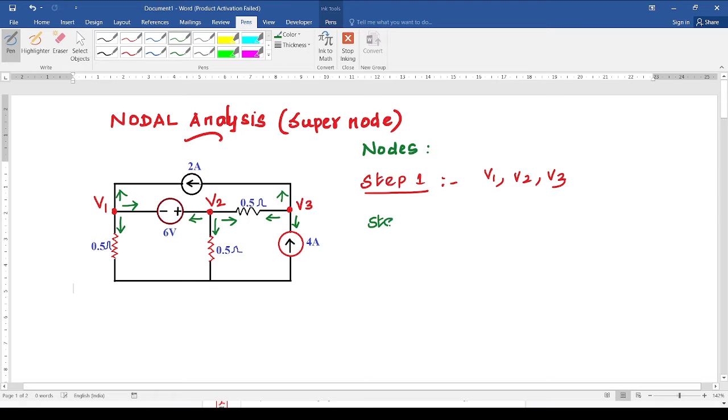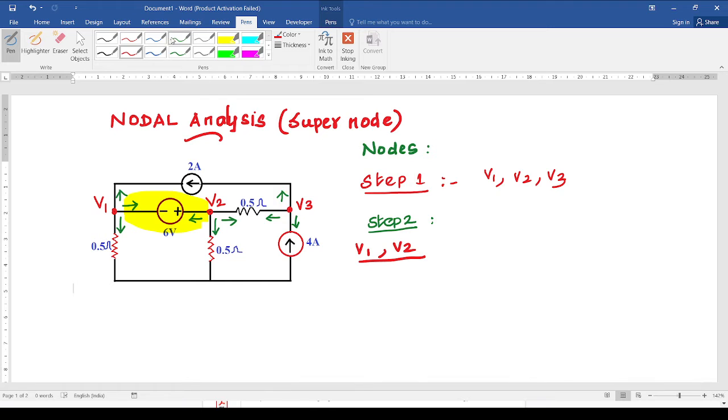And what is step number 2? Apply nodal analysis for this network. First, consider this voltage source that is located between two supernodes. First, I am going to write the equation with respect to the supernodes V1 and V2. How to write the equation using nodal analysis?